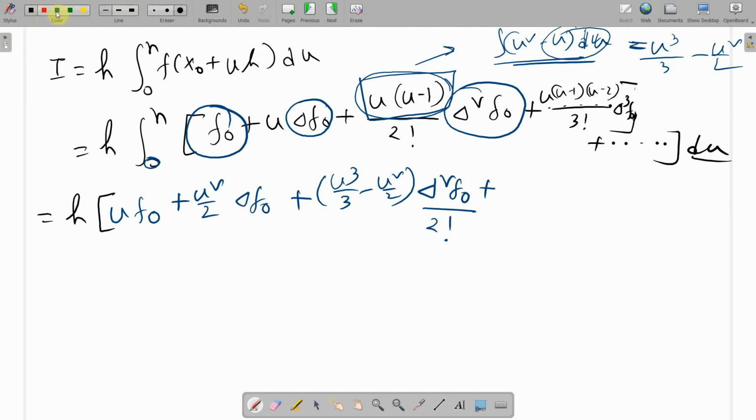Tell me, if I take another term, what will be the value here? So I am keeping delta cube f0 by 3 factorial. The formula needs to be brought into a pattern so that you remember it, otherwise there's no use. Now tell me, what will be the integration of u into u minus 1 into u minus 2 du?